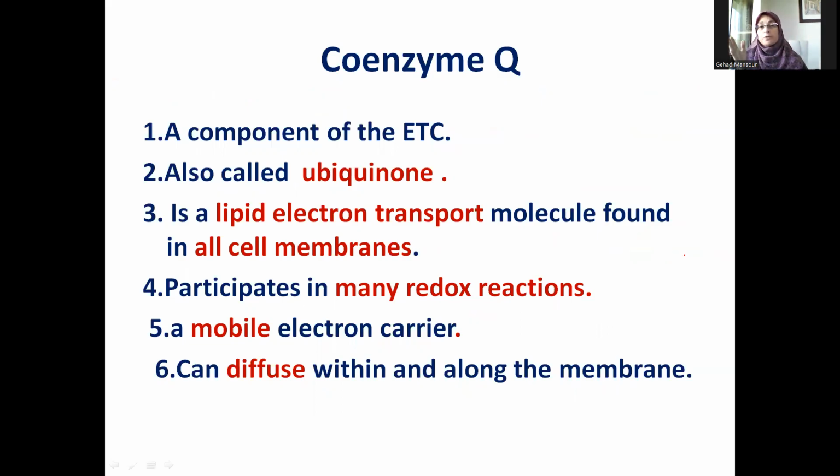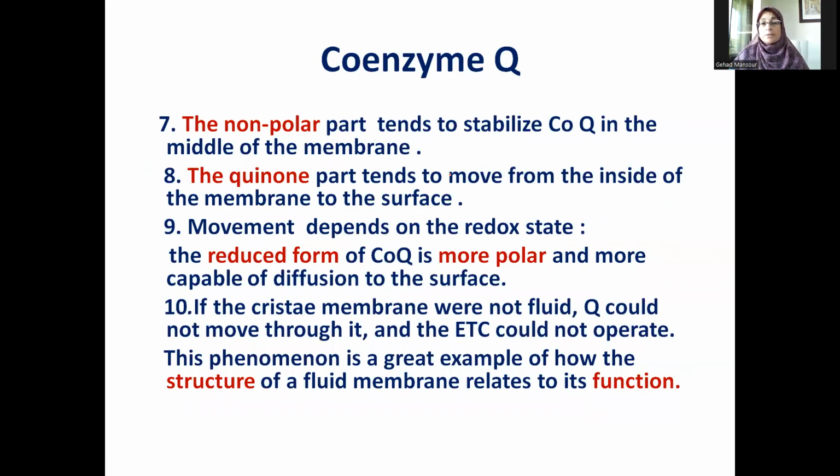Most of the members of the electron transport chain are proteins, but coenzyme Q is a lipid, and it has another name, ubiquinone, and ubiquitous means abundant, and this is because coenzyme Q is present in all cell membranes.